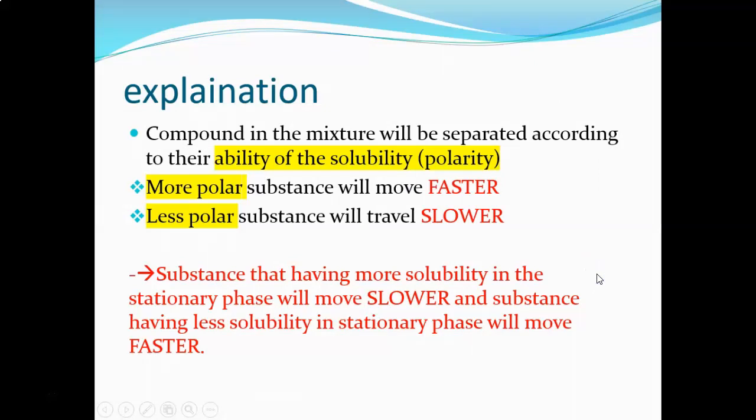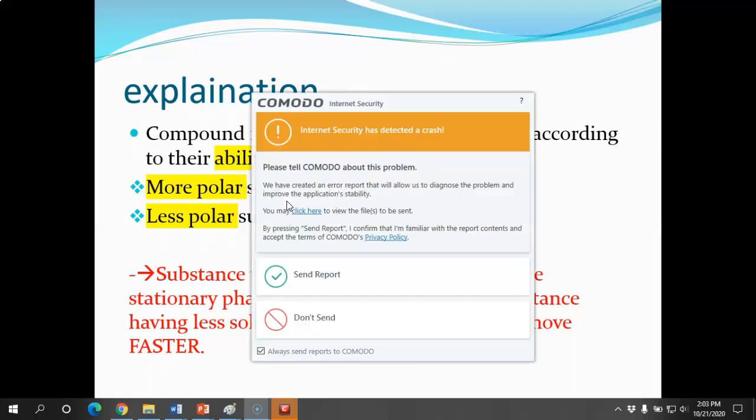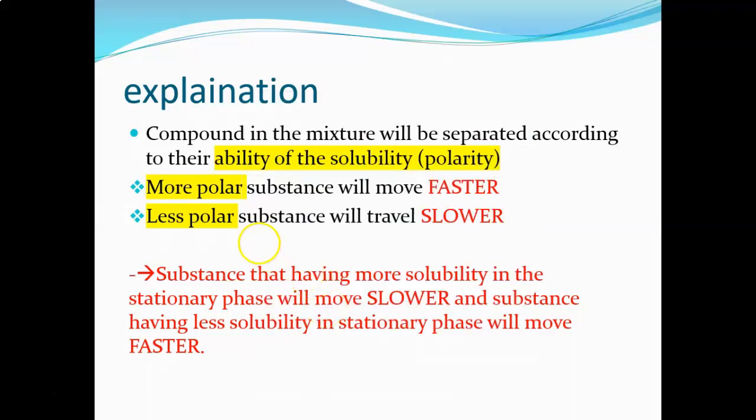Okay, the explanation. To further explain about paper chromatography, the compounds in the mixture will be separated according to their solubility, which is the polarity.